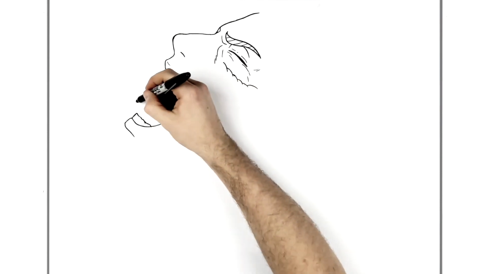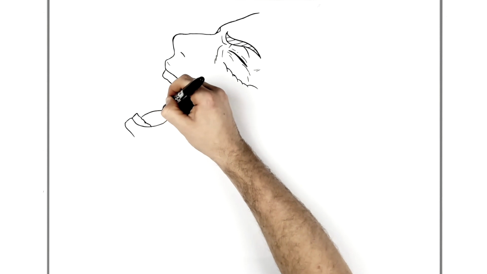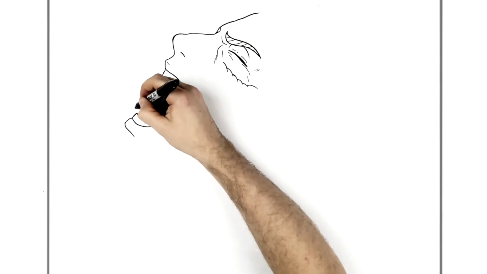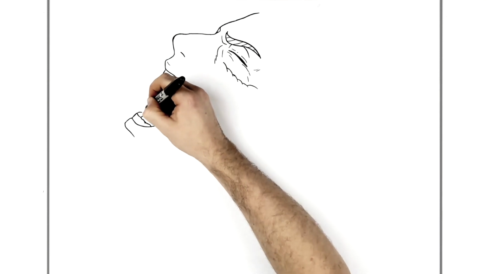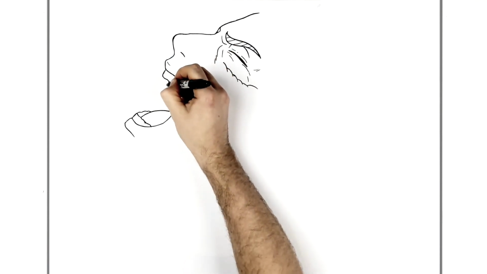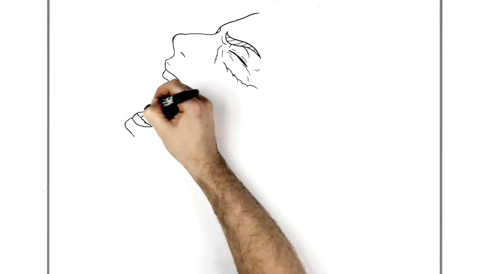Like so, and then his tongue goes back that way. And then his mouth bumps here. Teeth at the back go around that way. And then his mouth on the other side just comes down here.